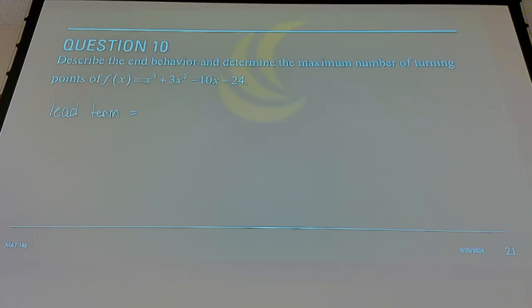What's the leading term? Cubed. What is your constant?